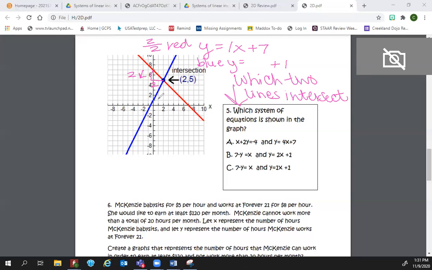Now let's look at my blue line. My blue line starts at 1, right? Where does it intersect? I think it intersects, oh, yeah, no, might be a 5. Maybe it's 5.